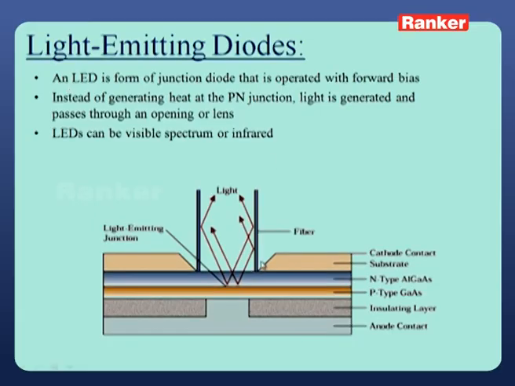An LED operates in forward bias. In forward bias operation, instead of generating heat, it will generate light. This is the simple structure of our LED. This LED contains N type aluminum GaAs, gallium arsenide, and P type GaAs, and some insulating materials. Whenever it is connected in forward bias, light will be generated at the junction.